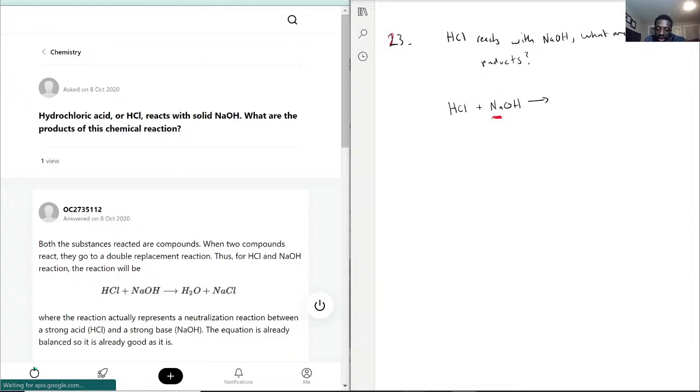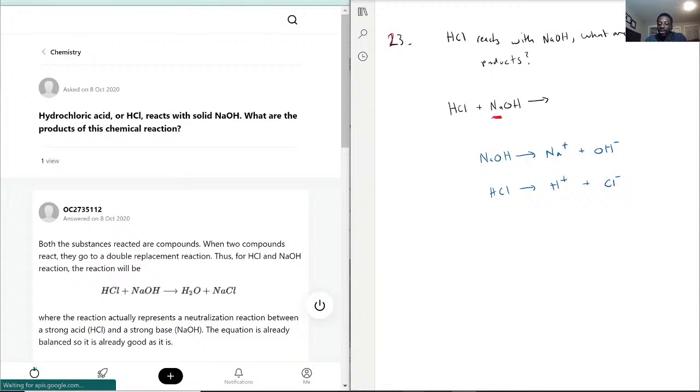Actually, no, let's break it down into half reactions, that'll make it a lot easier. NaOH breaks down to the positive Na+ plus OH-. Remember, in this case the metal and the non-metal, that's sodium hydroxide. HCl, hydrochloric acid, breaks down to H+, the positive side, plus Cl-, the negative side.